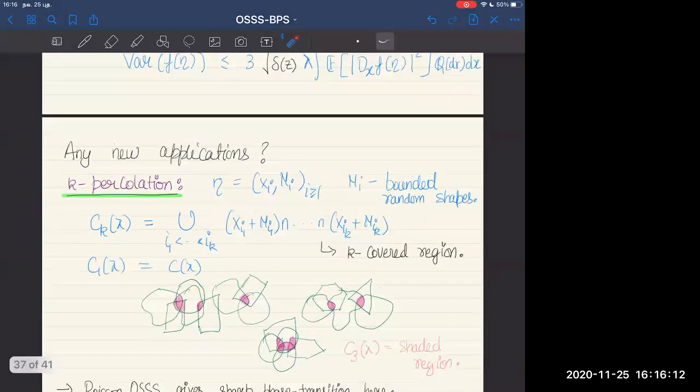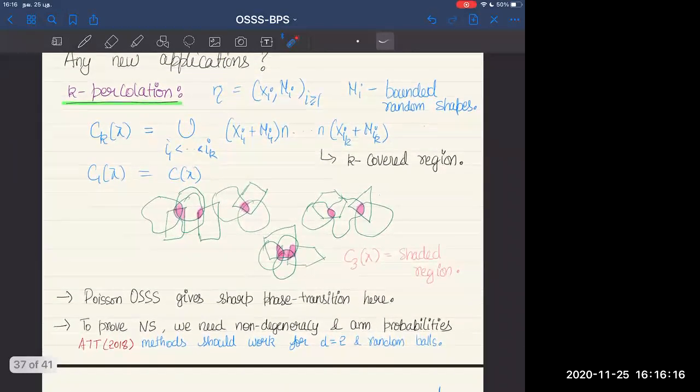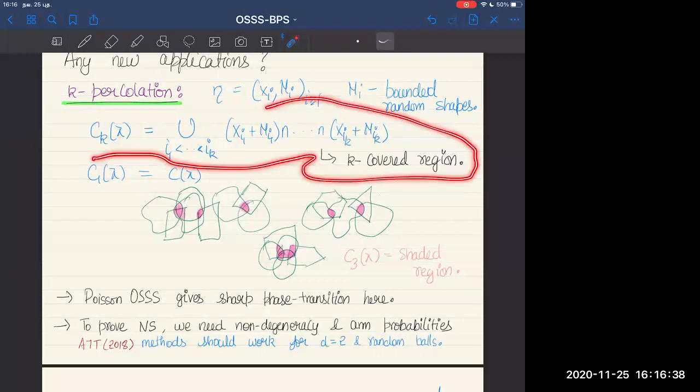Yes, two applications. The first one I'll do much quicker because the results are less concrete. We give some conditions. With the same Boolean model, I could have used bounded random shapes instead of balls, arbitrary random shapes. And then I can look at regions covered not by a single shape, but by multiple shapes, say K shapes.